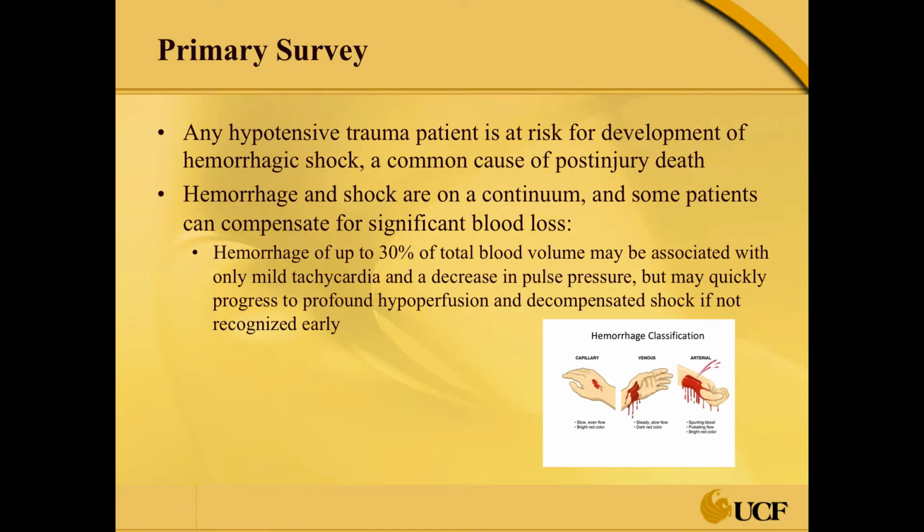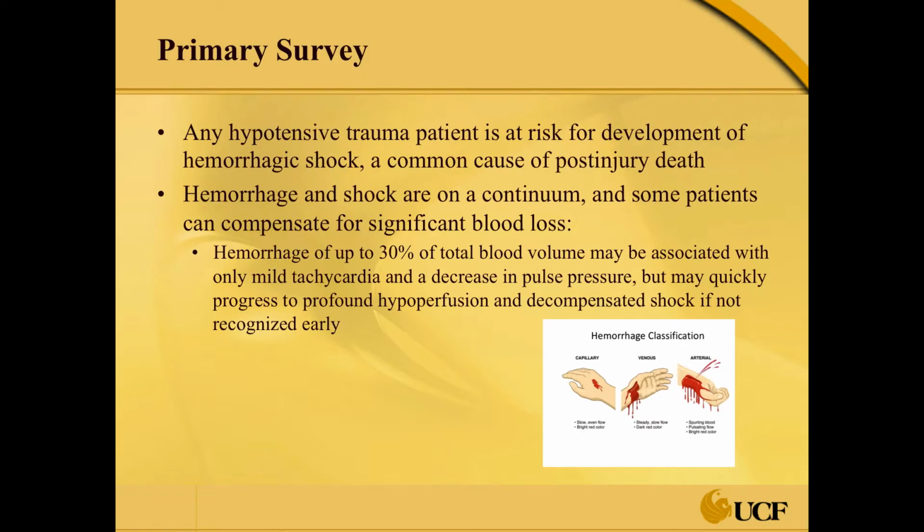Any hypotensive trauma patient is at risk for the development of hemorrhagic shock, and it is a common cause of post-injury death. So remember that. Hemorrhage and shock are on a continuum, and you do have some patients that can compensate when they have significant blood loss. So some things to remember: hemorrhage of up to 30% of total blood volume may be associated with only mild tachycardia.